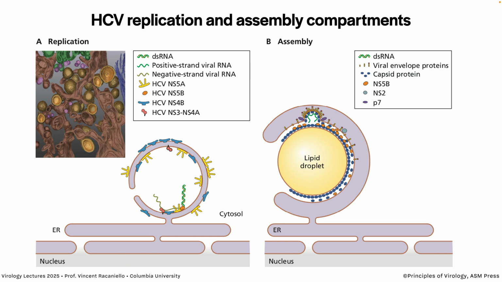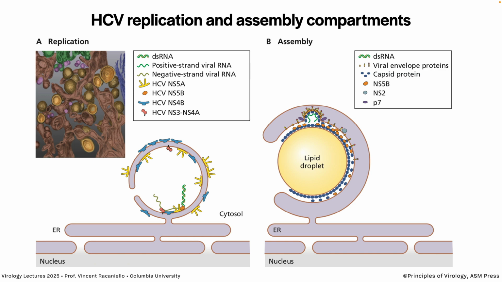It doesn't just happen for poliovirus. It happens for many other RNA viruses, probably all RNA viruses as well. So here's hepatitis C virus. It induces these membranous compartments that are different from that of poliovirus, in that they are attached to the endoplasmic reticulum. Eventually in virus-infected cells, you have this big network of vesicles attached to the ER.